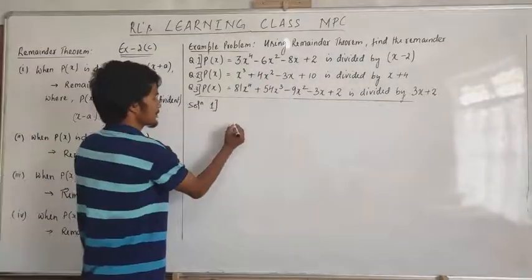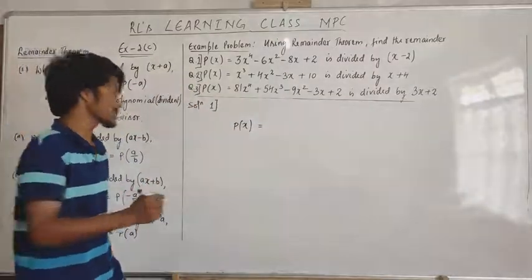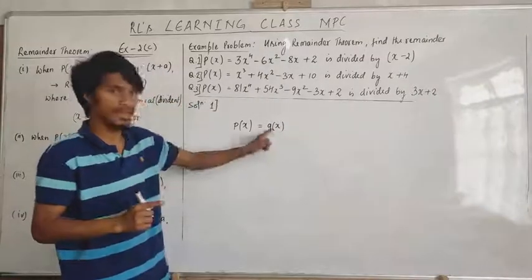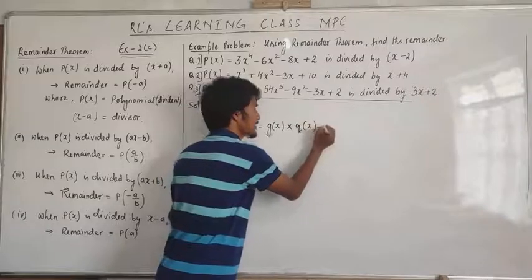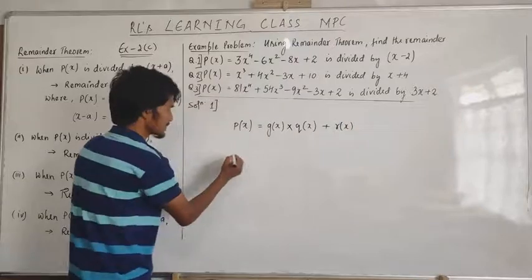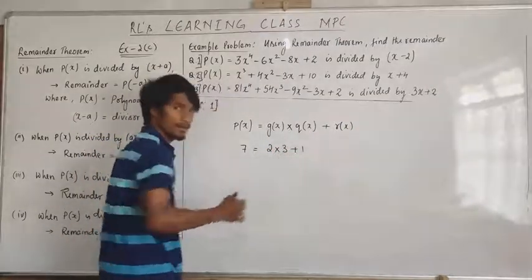Okay. Now if P of X is divided by G of X, then we multiply with Q of X, then left some remainder R of X. Like 7 is equal to 2 into 3 plus 1. Understand?